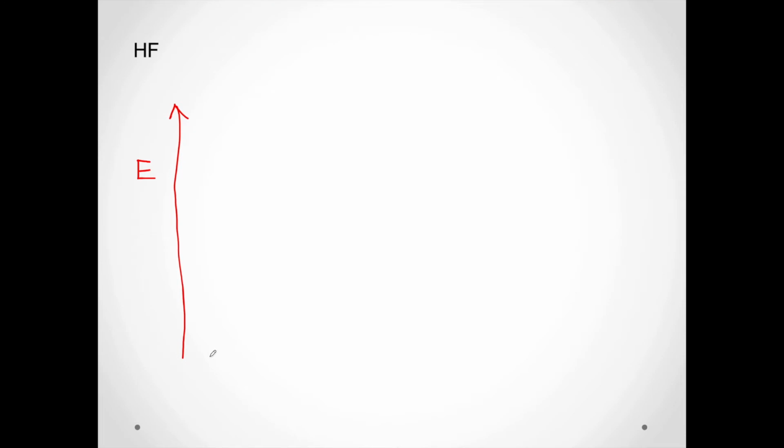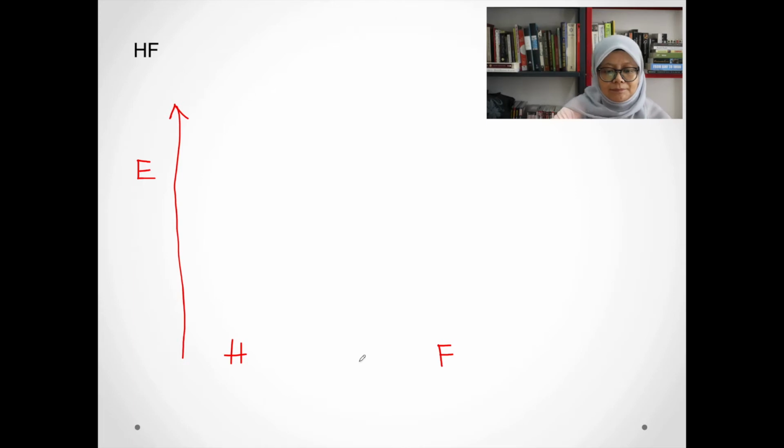Second step, you need to have the atomic orbital of hydrogen and the atomic orbital of fluorine. Then at the center, you need to have the molecular orbital for the hydrogen fluoride. As usual, you need to write down the electron configuration for hydrogen and also fluorine.